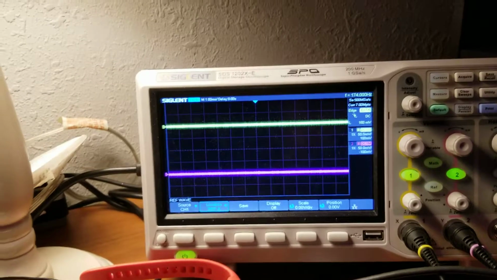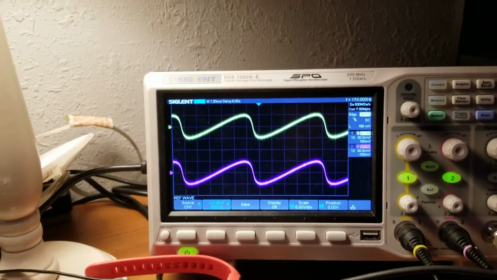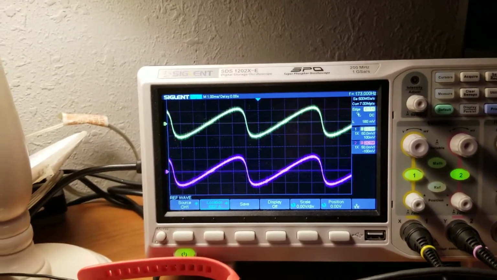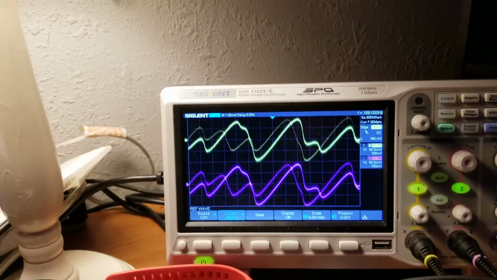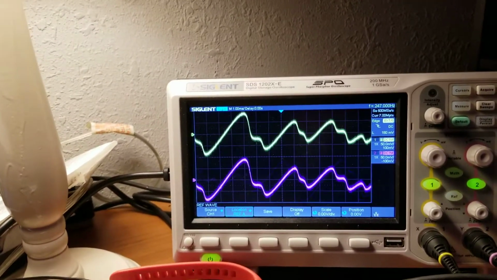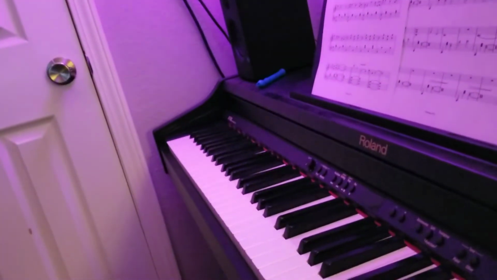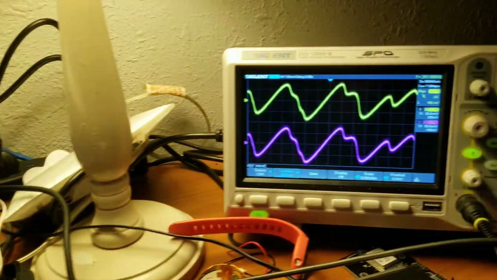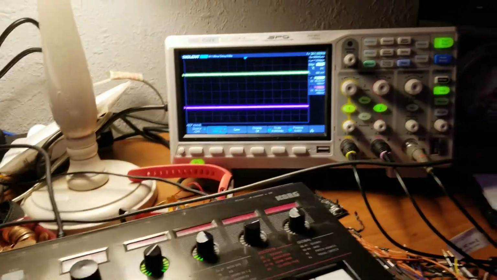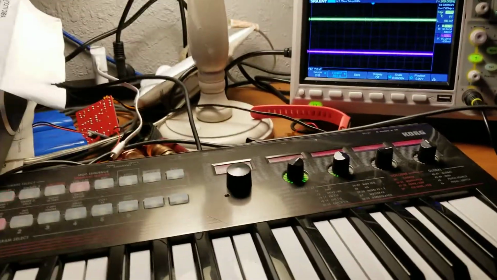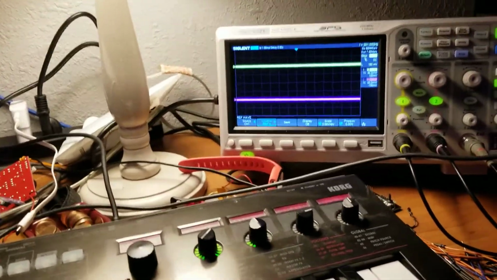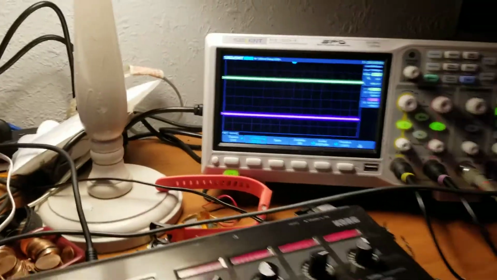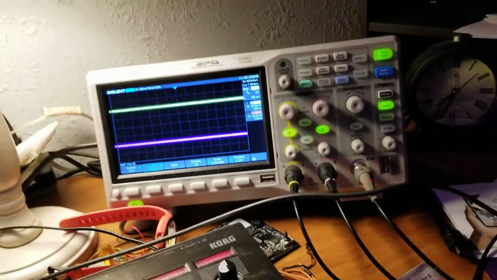It starts to produce a sawtooth waveform or a ramp waveform, which is very beautiful sounding. Sawtooths are often used for more bright sounds, such as trumpets or brass type instruments.